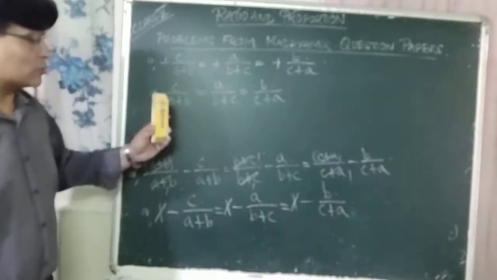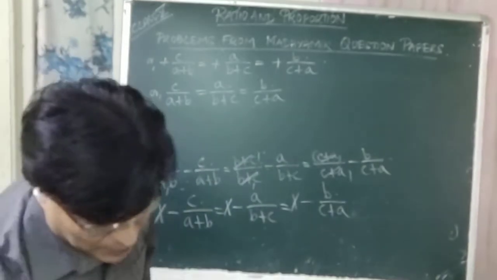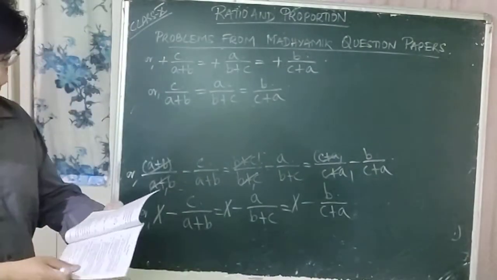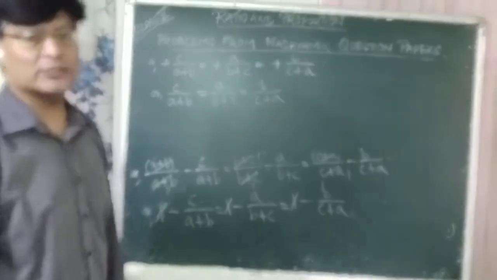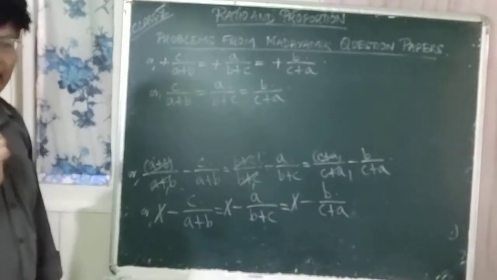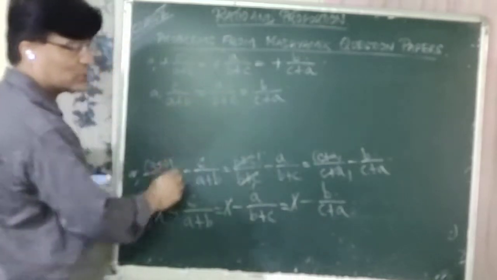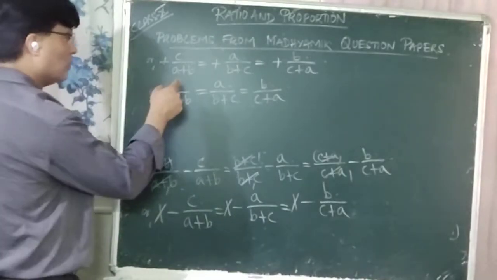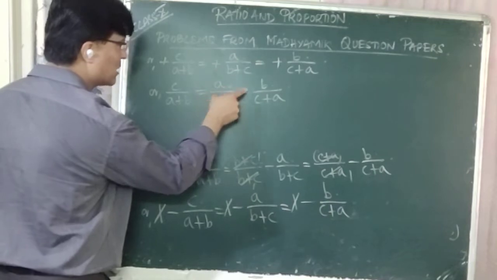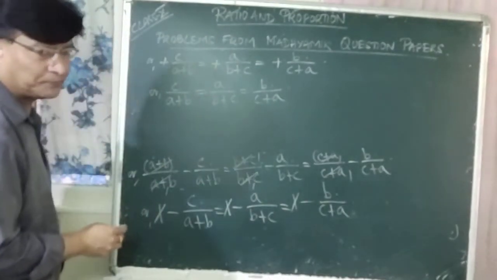So now in this question you have to prove that A = B = C, isn't it? Now what we do here is add 1 to all these terms. If we add 1 to this side, you have to add 1 to this side, you have to add 1 to this side also.